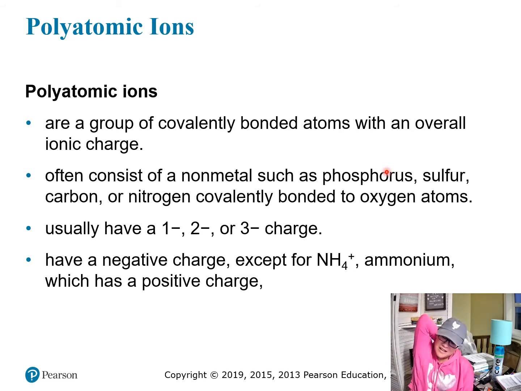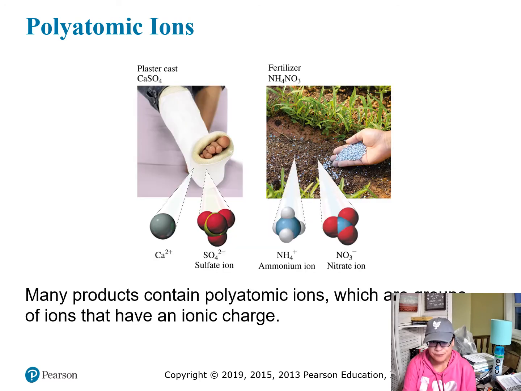Most, like 99% of the time, they have a negative charge. They are anions. They have a negative charge of 1, 2, or 3. But there's one common exception, and that's ammonium. So ammonium is a positively charged polyatomic ion, but most of them are negative.